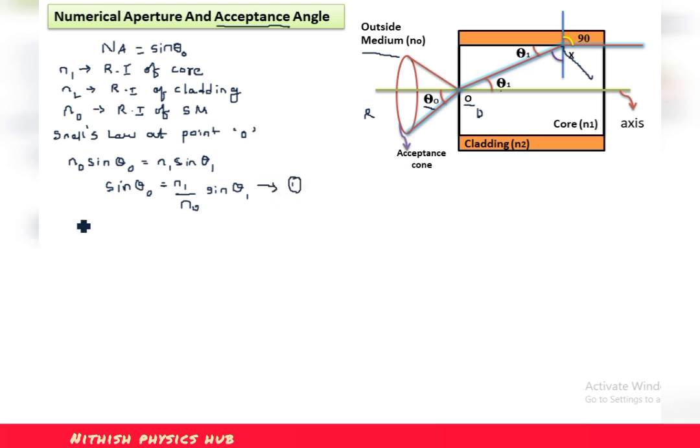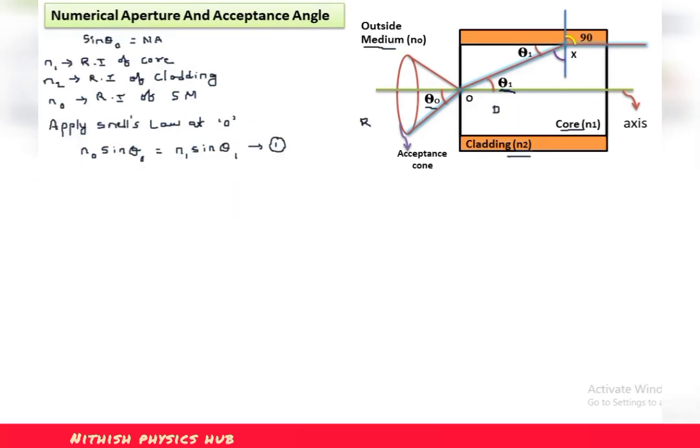Similarly, the light which has moved inside the core will once again move from the core medium to the cladding. By applying Snell's law at the point X, we get another equation, where X is the point where the light forms an angle of incidence given by 90 minus theta 1.